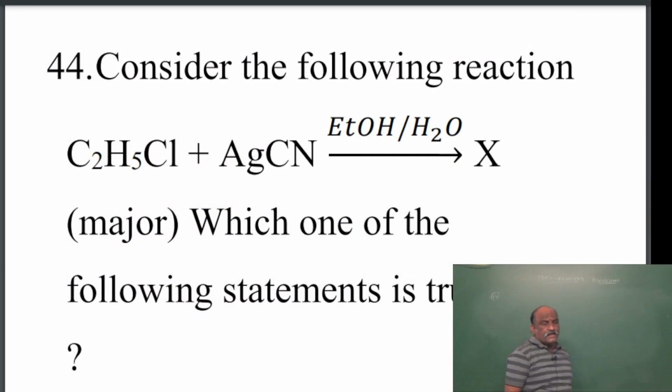Consider the following reaction. Ethyl chloride plus AgCN, with ethyl alcohol/H2O, gives X as the major product. Which one of the following statements is true for X?